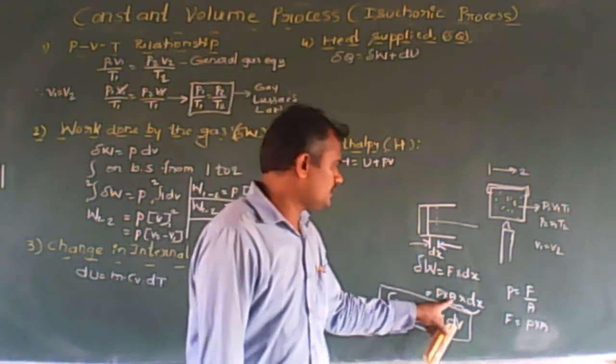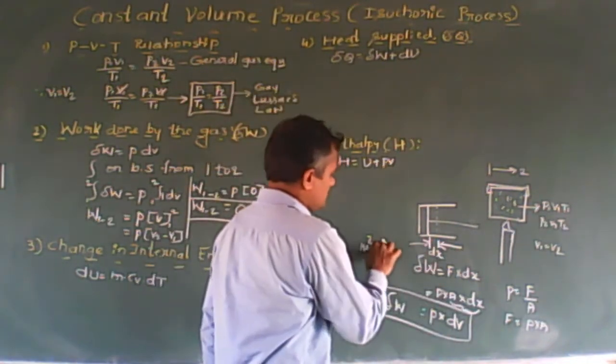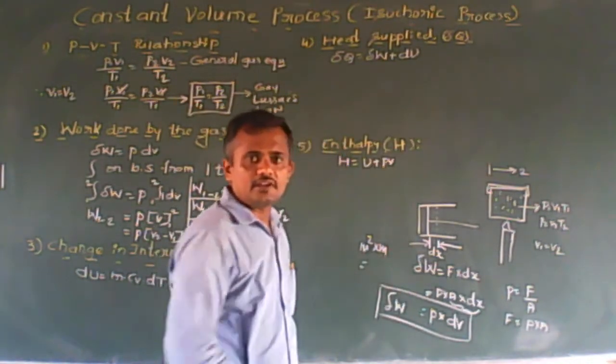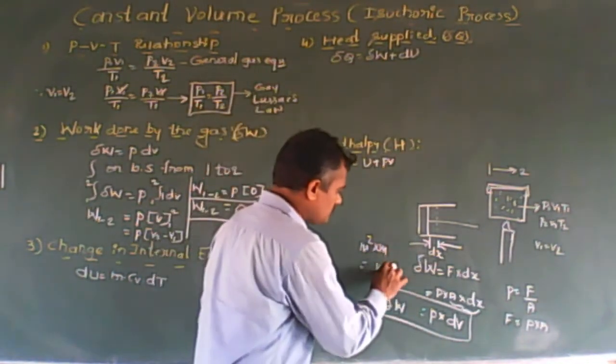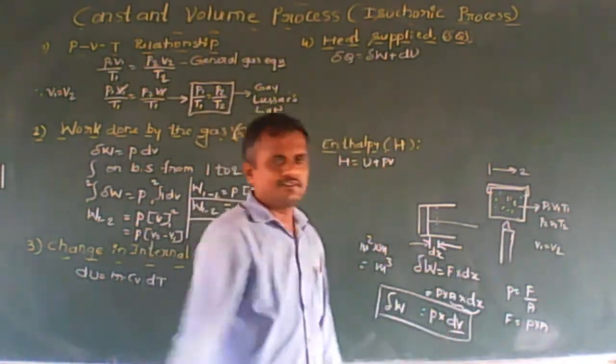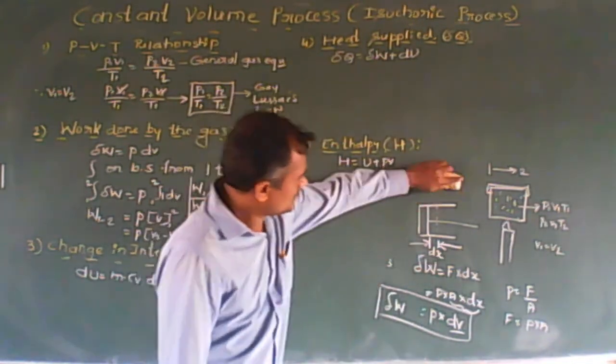Why? Area into length: the unit of area is meter square, the unit of length is meter, so meter square into meter gives meter cube, which is the unit of dV. So this is how we get it. Anyhow, you leave this.